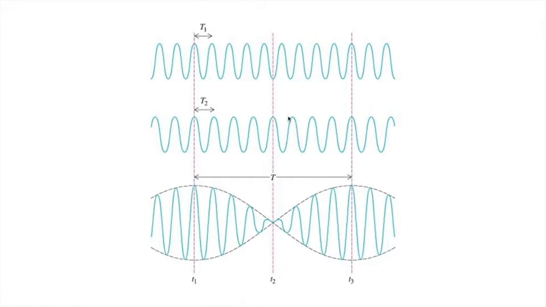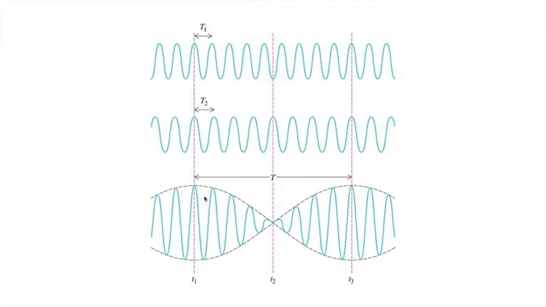If you're close to having the right frequency, but not quite, then notice that here at this point, T1 and T2 are in phase. The peaks of those waves are the same. But then by the time we get to here, T1 is at a trough and T2 is at a peak.